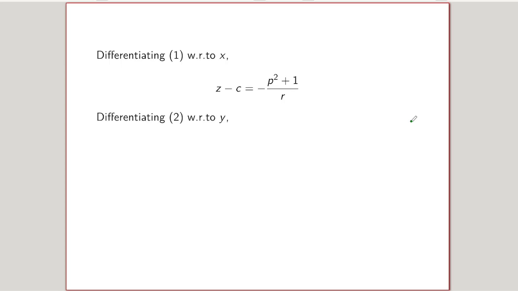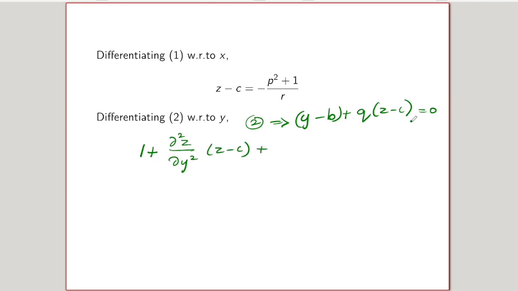Next, differentiating equation 2 with respect to y. Equation 2 is (y minus b) plus q into (z minus c) is equal to 0. Differentiating this with respect to y, we will be getting 1 plus, similar to the previous differentiation, we are going to use the product rule. So we get ∂²z/∂y² into (z minus c) plus q into ∂z/∂y equal to 0.